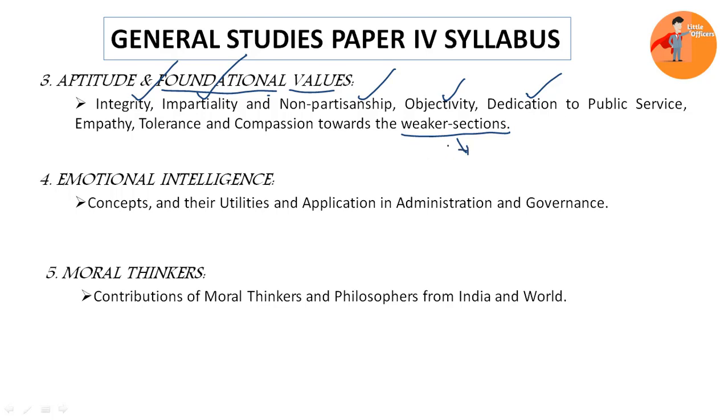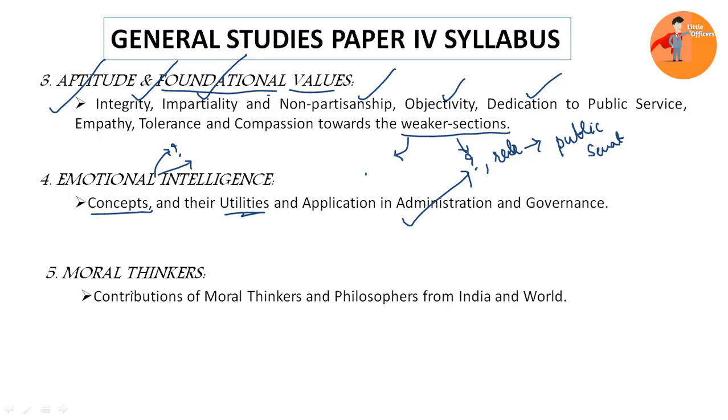So what is the meaning of all these values, what is their role and relevance for public servants, and how these values can be inculcated into public servants will be studied here. Then the fourth topic is related to emotional intelligence. Here we'll understand what is emotional intelligence, what are its different competencies, and what are the concepts, utilities and applications in administration and governance.